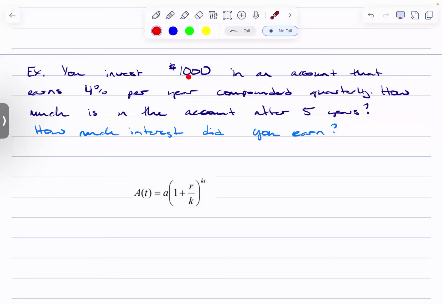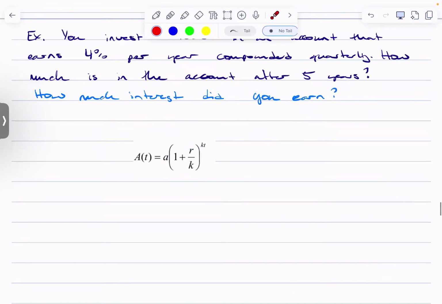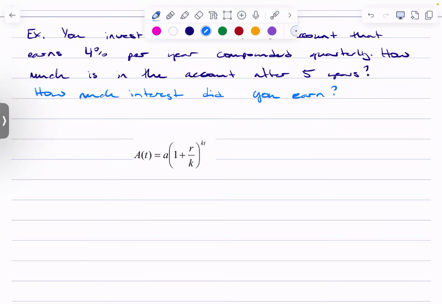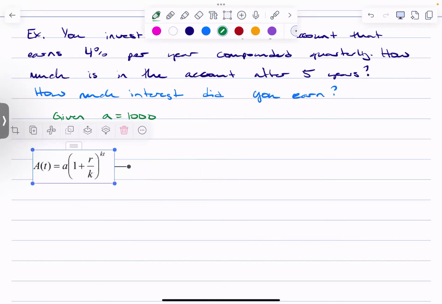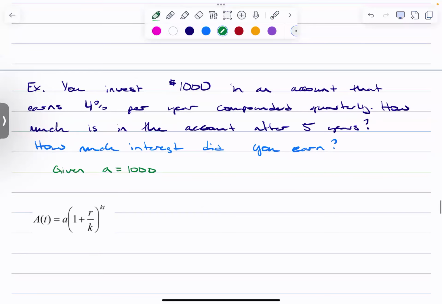This $1,000 is the initial amount that you've invested, and so that's going to be your A, your lowercase a. So we're given A, lowercase a, is 1,000. We're also told that the rate is 0.04 per year, but it has to be per year.